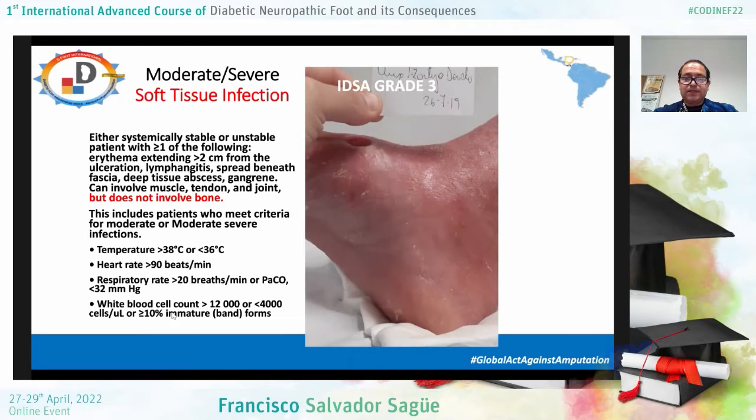White blood cell count greater than 12,000 or less than 4,000 cells per microliter, or greater than 10% immature forms.